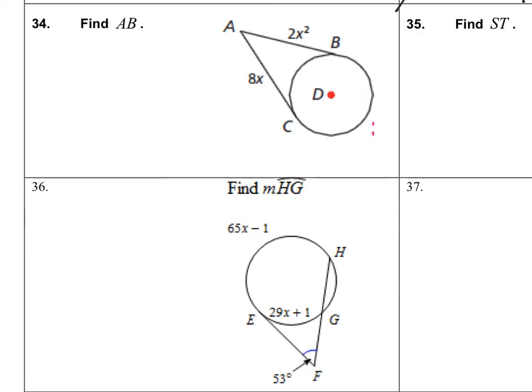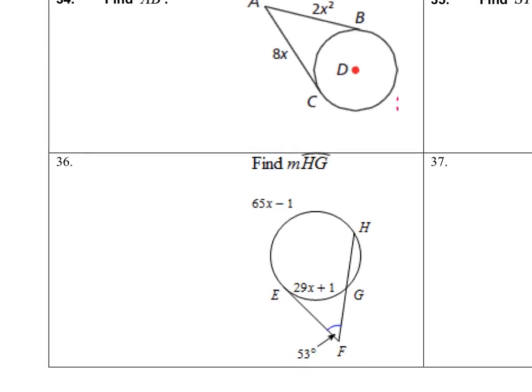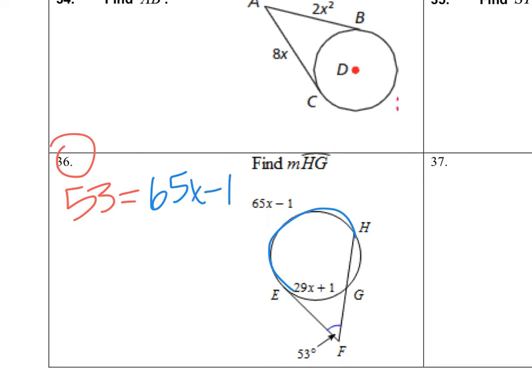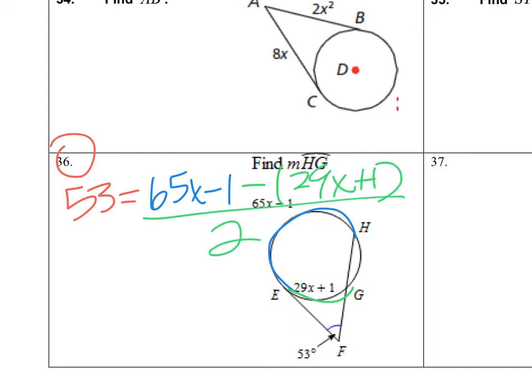Yeah, 36. So on 36, you had to use your exterior angle rule, which means the exterior angle, which we have is 53, is going to equal the big arc, which is 65x minus 1, minus the small arc, which is 29x plus 1, and then you divide it by 2.